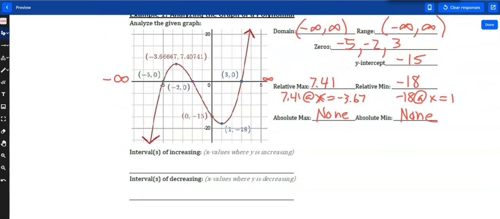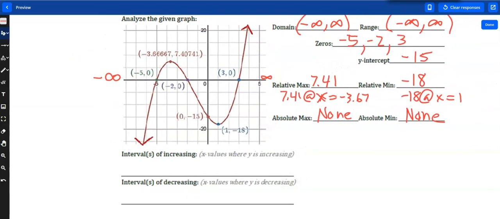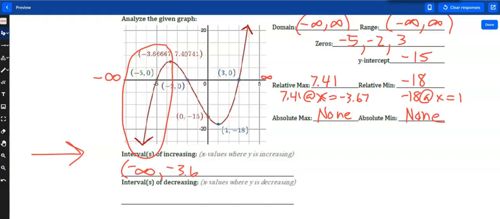Now, what about intervals of increasing and decreasing? Well, this section right here looks like it's going up because remember, you have to go from left to right. So that's from negative infinity all the way to negative 3.6 repeating. Notice that I did not use the y value. These are x's only.